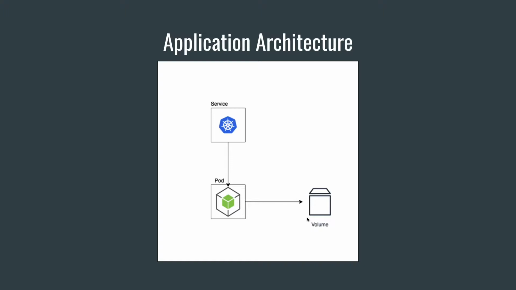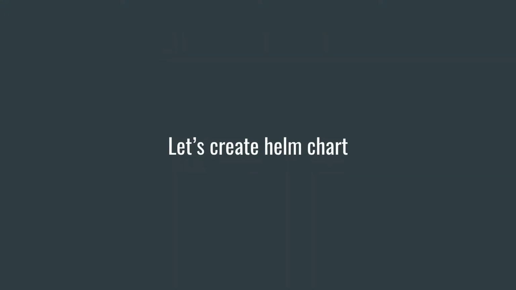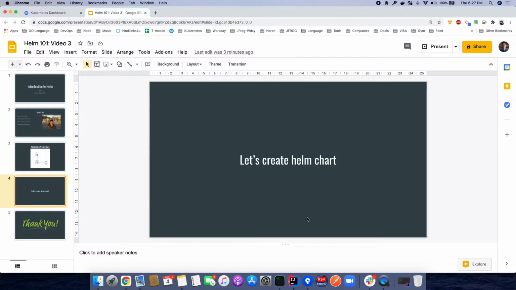But Helm makes it easy. With just one template you can create the volume, everything together, and deploy it in Kubernetes. So let's get started and create our Helm chart.